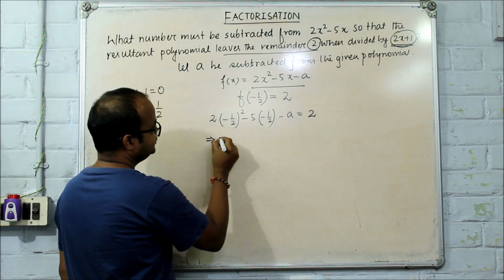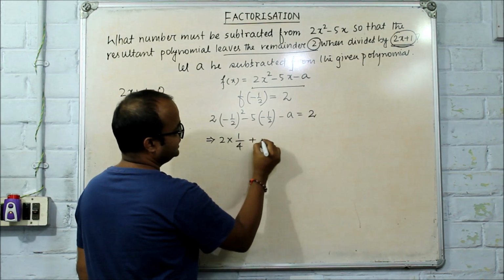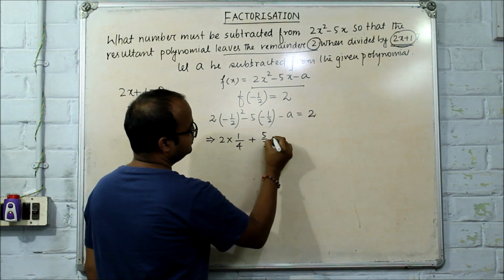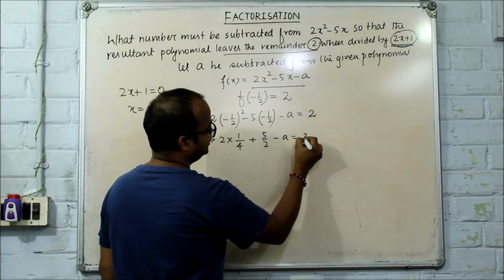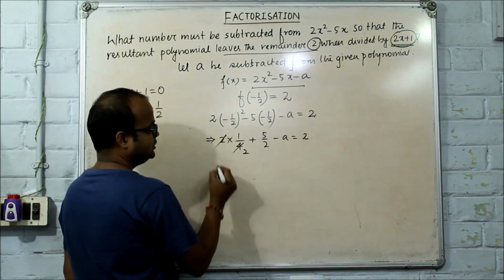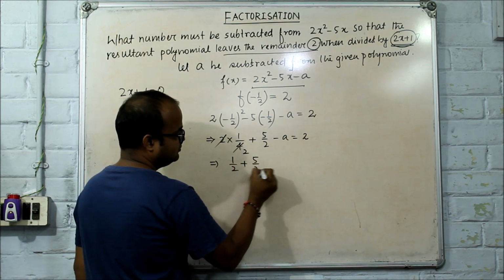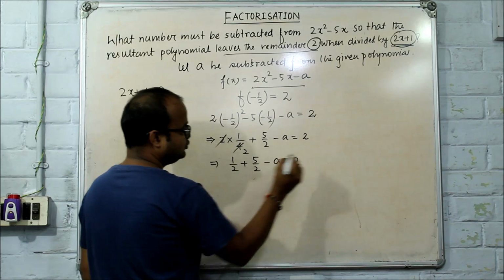So it implies 2 into 1 by 4 plus 5 by 2 minus a is equal to 2. 2 ones are 2, 2 twos are 2. So we get 1 by 2 plus 5 by 2 minus a is equal to 2.